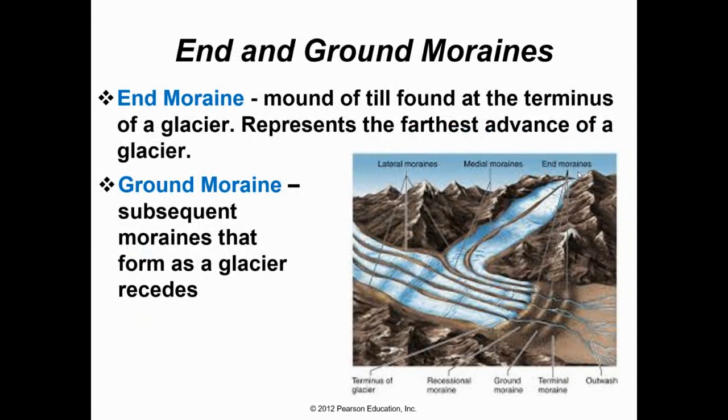Okay, and then two other more common types of moraine. The end moraine, also known as the terminal moraine, is simply the furthest advance that the glacier has ever made downhill. So this typically represents the extent when the glacier was at its largest.